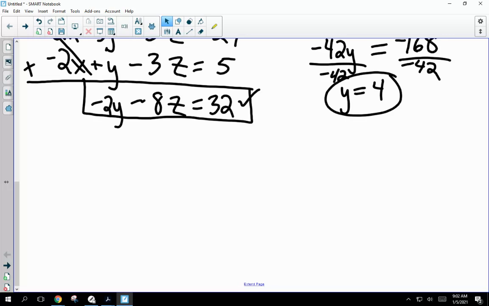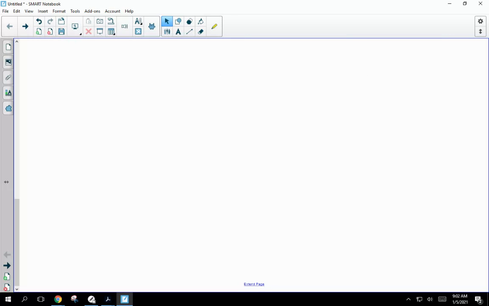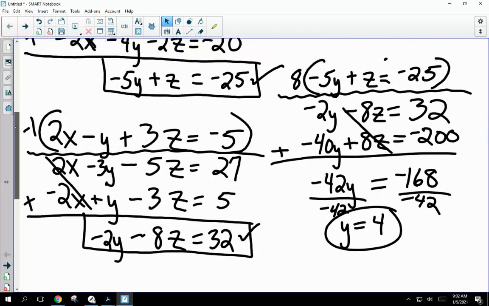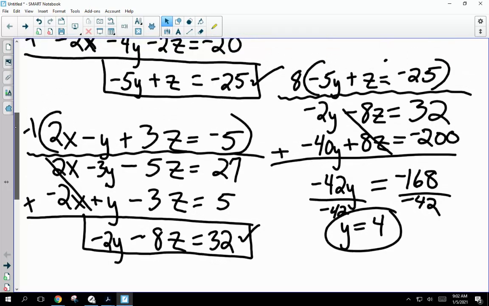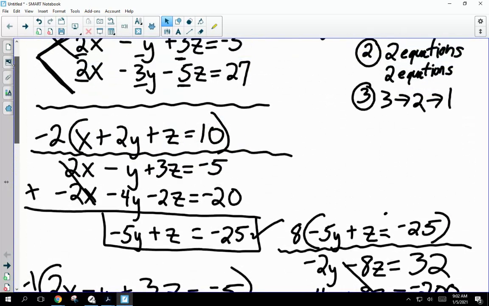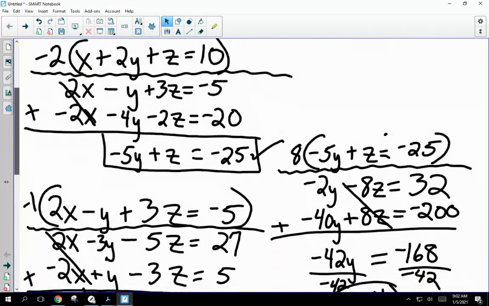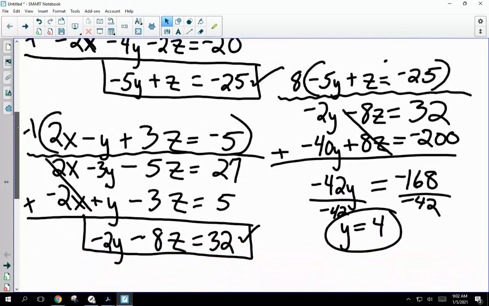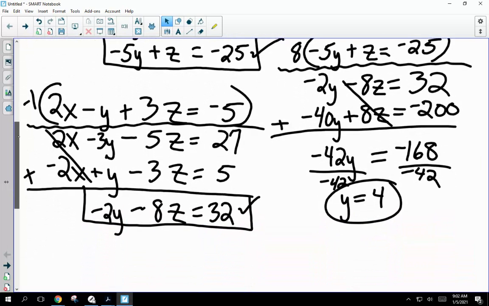I'm going to expand my page. Okay, so we got to take that 4. And we're going to go up and see where I can put that 4 to solve. What's the easiest equation with a y in it that I can solve for another variable that has just two equations? So I'm going to look at my work real quick. I'm going to say, oh, I can solve right here for z if I use this equation right here to plug in the y.